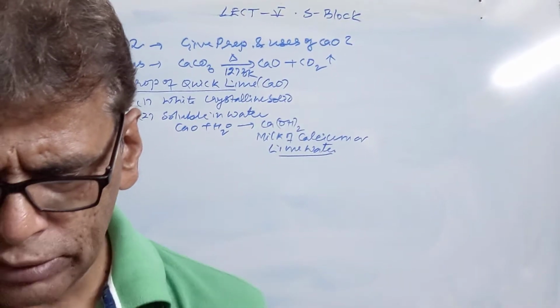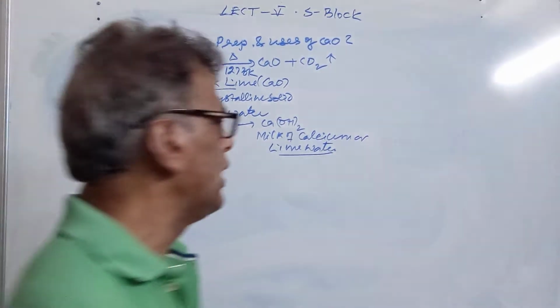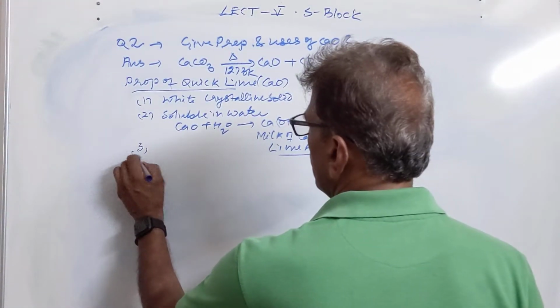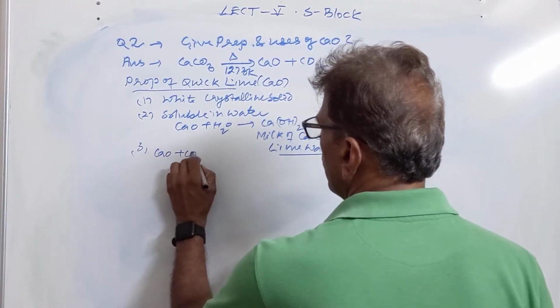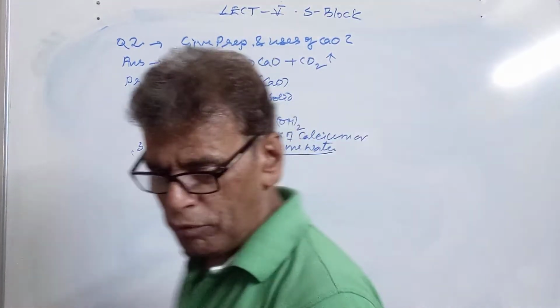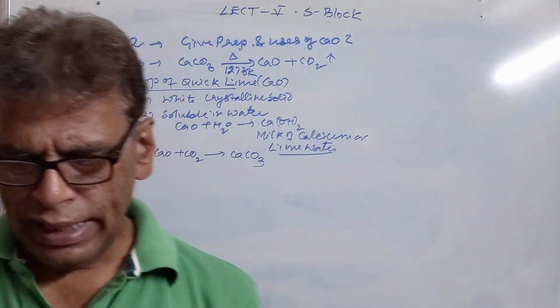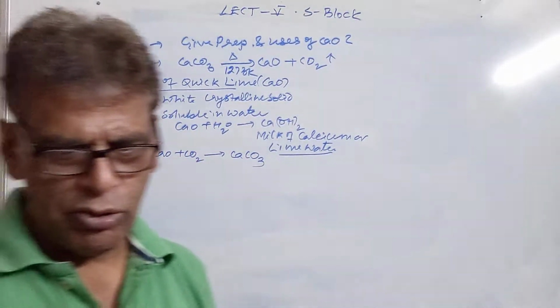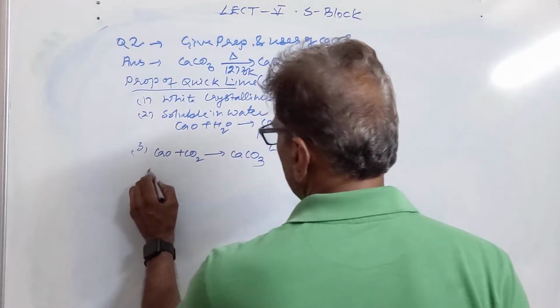CaO reacts with carbon dioxide to produce CaCO3. It reacts with ammonium chloride to produce ammonia.